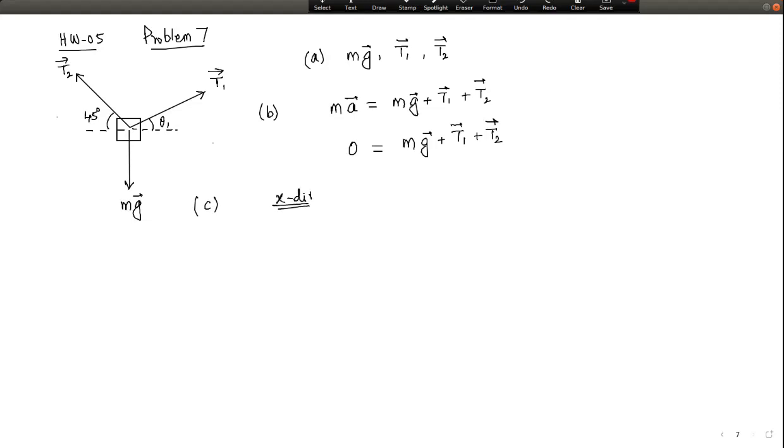In the x direction, the left hand side is still 0. mg does not have any x component. T1 has an x component. Since T1 is in the second quadrant, it will be minus T1 times cosine 45. It's cosine because the angle that's given to us is adjacent to the x-axis. The x component of T2 will be T2 cosine 30.